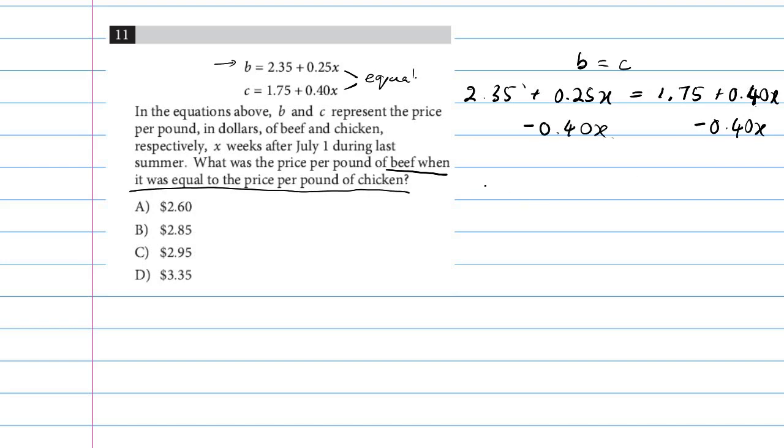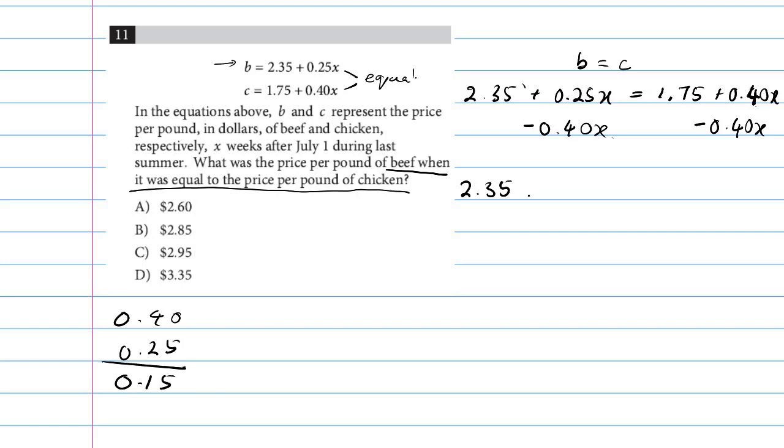So we have 2.35 and 0.25x minus 0.40x. I'll just work out this arithmetic here. It's not that hard. You subtract 0.25 from 0.40, and it turns out this is 0.15.